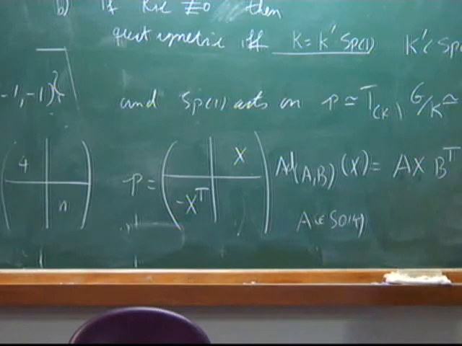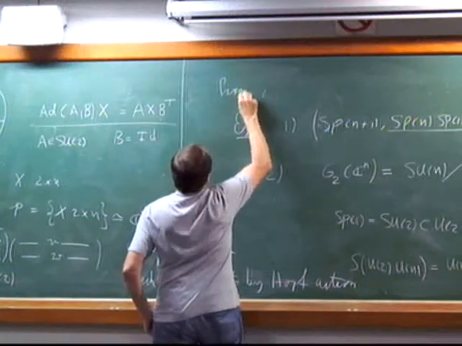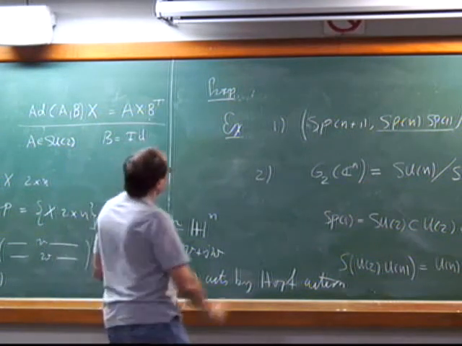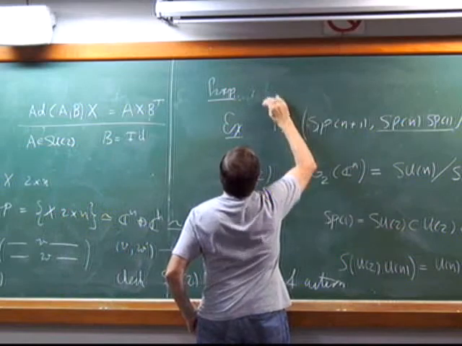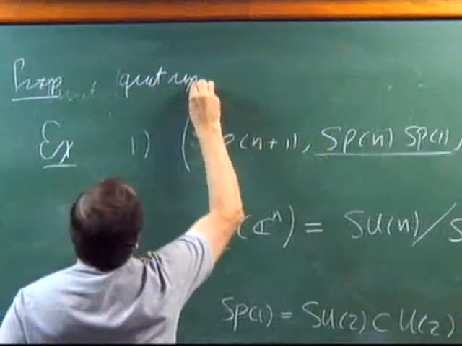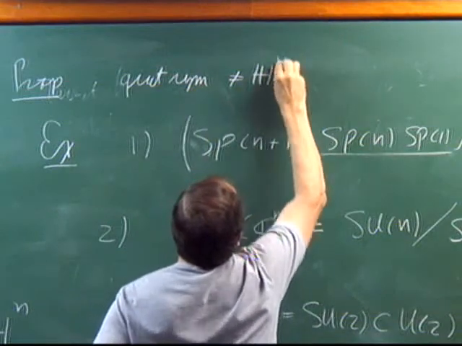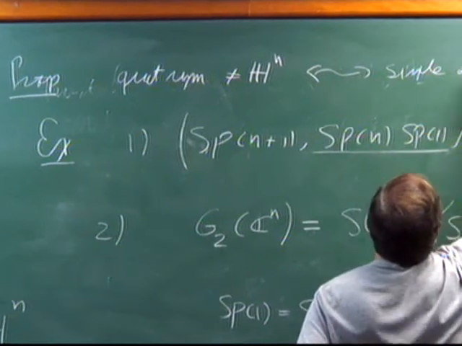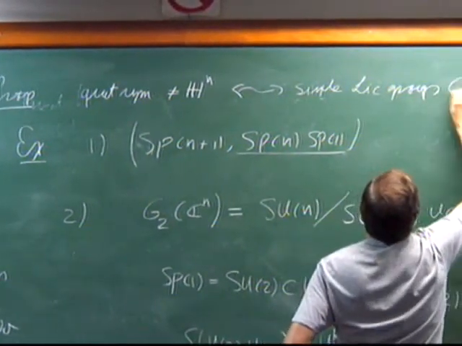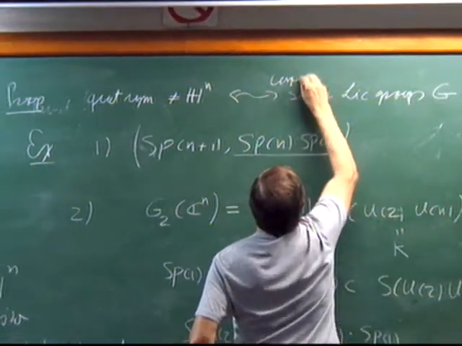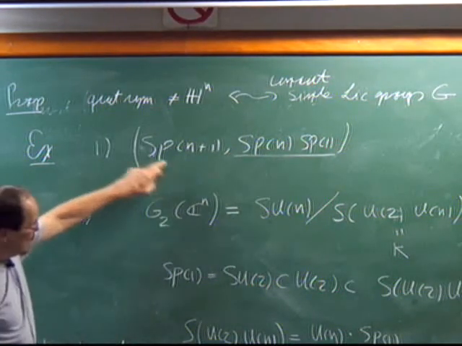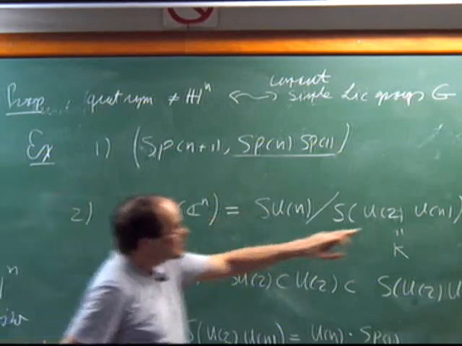Then there's a theorem. So I've given you all the examples which are quotients of classical Lie groups. The theorem says that quaternion symmetric spaces, which are not equal to H^n, which is an interesting one, are in one-to-one correspondence with complex simple Lie groups G. So here are Sp(n), SU(n), and SO(n).